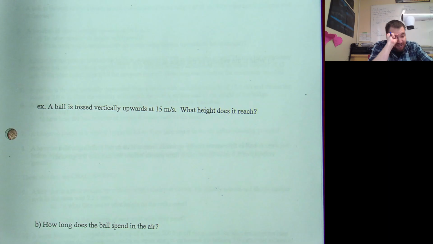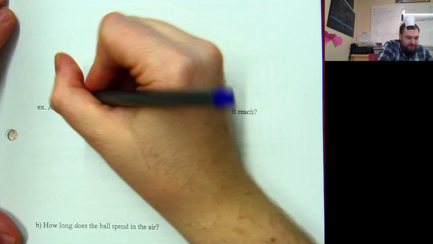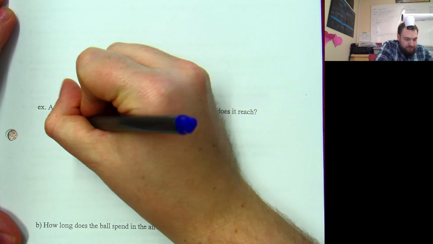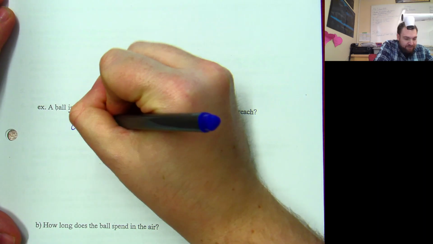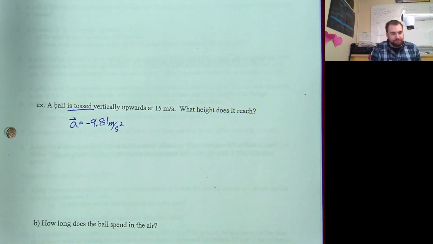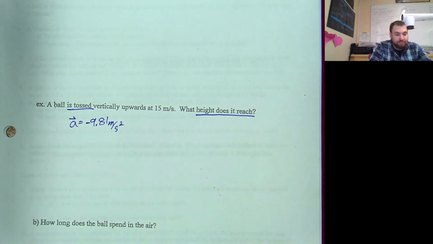Here, if a ball is tossed vertically upwards at 15 meters per second, what can we assume? What's the first thing we can assume? Because this thing is tossed, that tells us the acceleration is 9.81, or negative 9.81 meters per second squared. Manuel, you could assume that the max height is the same as when velocity is 0.